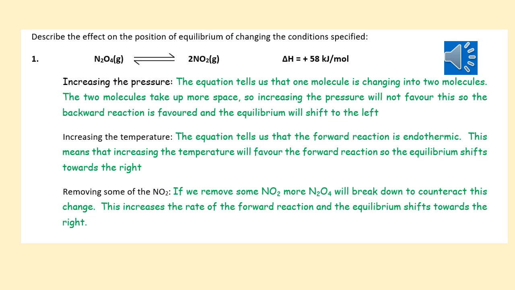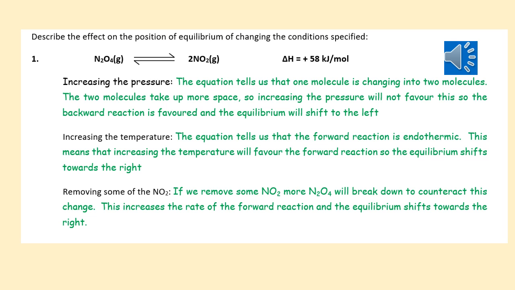Because the 2 molecules are changing into 1 molecule, and the 1 molecule takes up half as much space as the 2 molecules. Now you've been asked at the beginning to describe the effect on the position of the equilibrium. And here we use a phrase: we say the equilibrium position is shifted one way or the other. So if the backwards reaction is favoured, then the equilibrium shifts to the left.